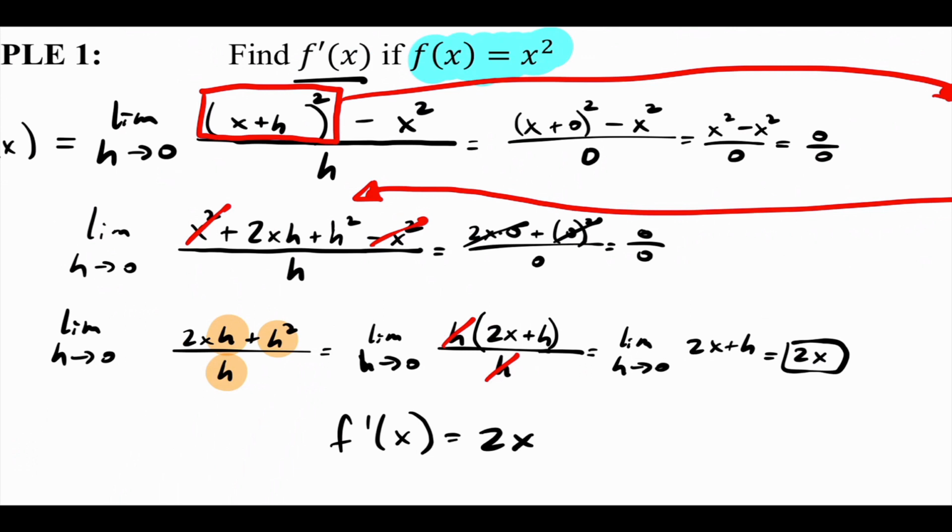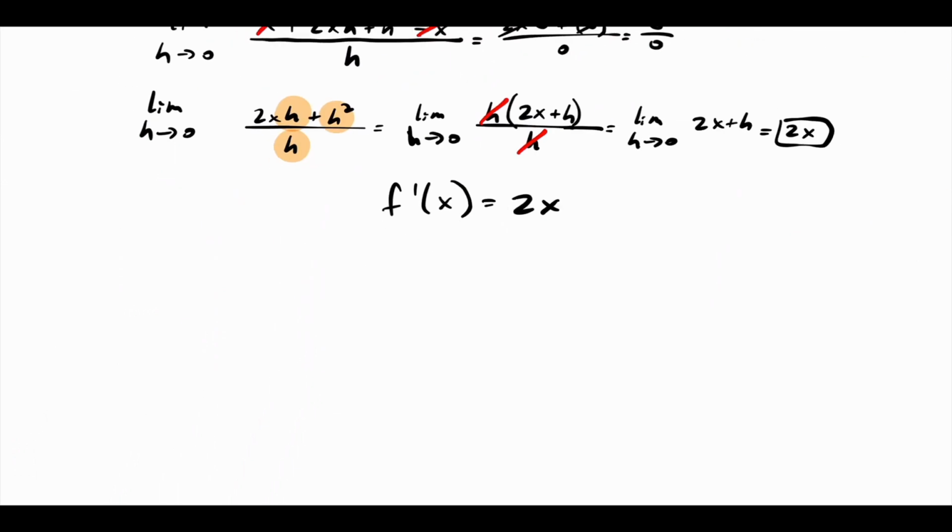That's the derivative equation. It's called a differential equation. It's the derivative equation. If I wanted to know the slope at a point, I would plug it in. If I wanted to know the slope at 1, I would plug in 1 for x. If I wanted to know the slope at 3, I'd plug in 3 for x, right? So this is not the slope. It's what we call the derivative equation.